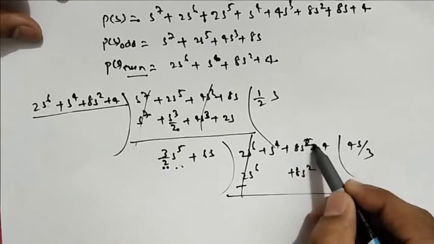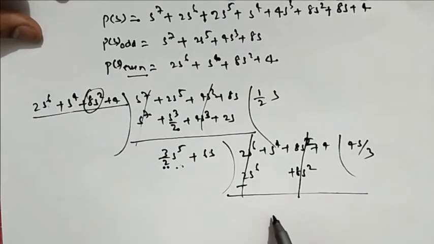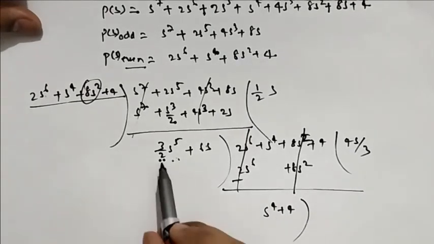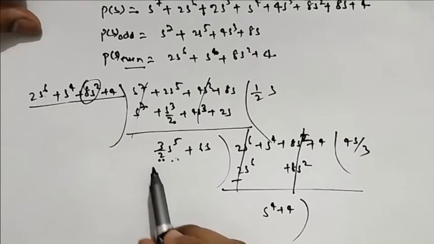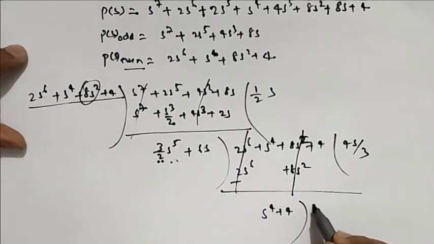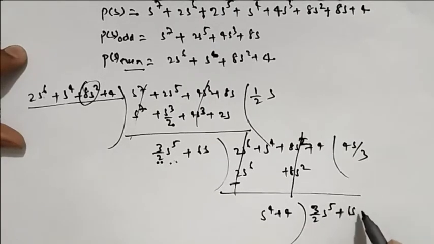Here 8s square, this will get cancelled out, and lastly we are going to get s power 4 plus 4. And what we need to divide with is the 3 by 2 s^5 plus 6s.